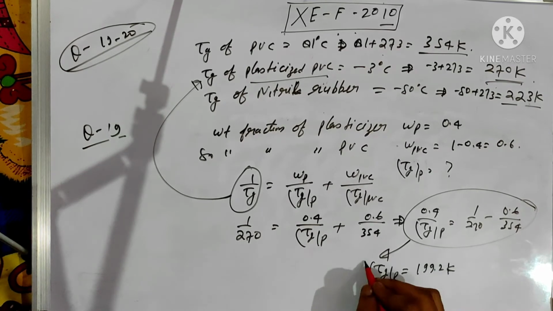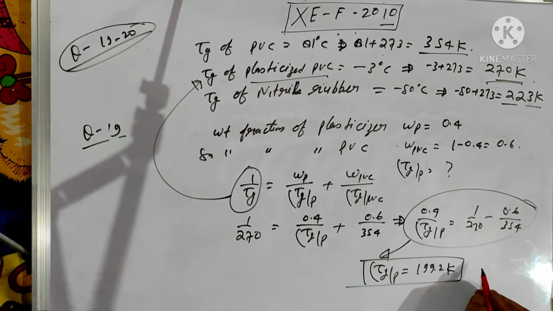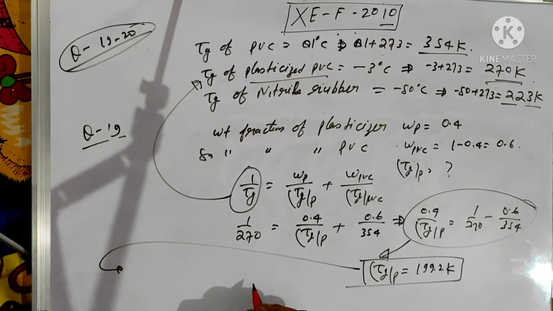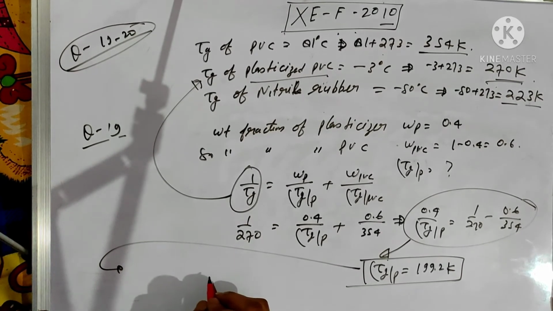199.2 Kelvin. Thus, the Kelvin temperature is converted into degrees centigrade by subtracting 273.